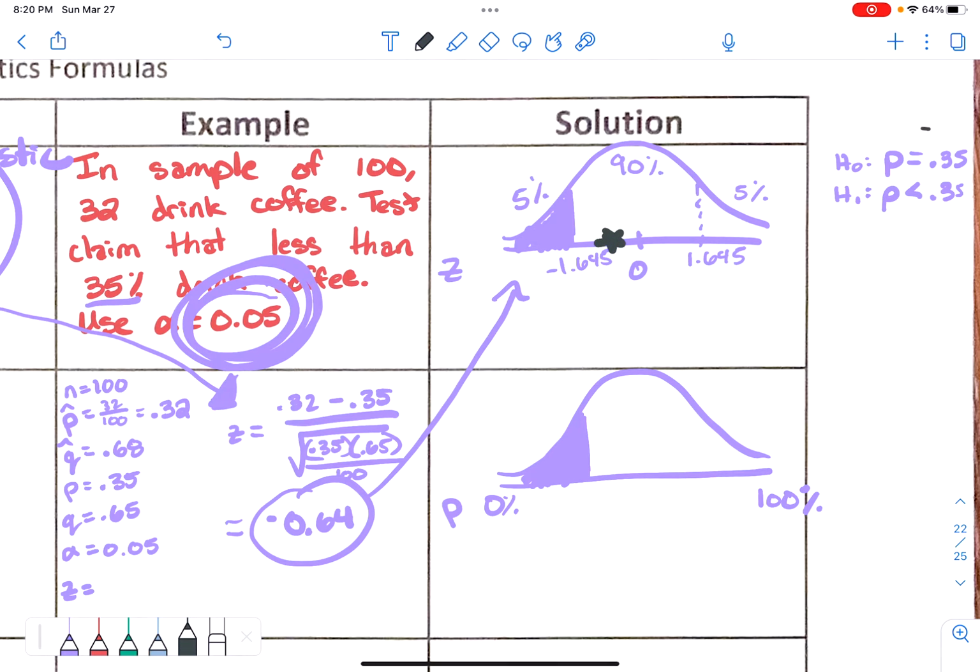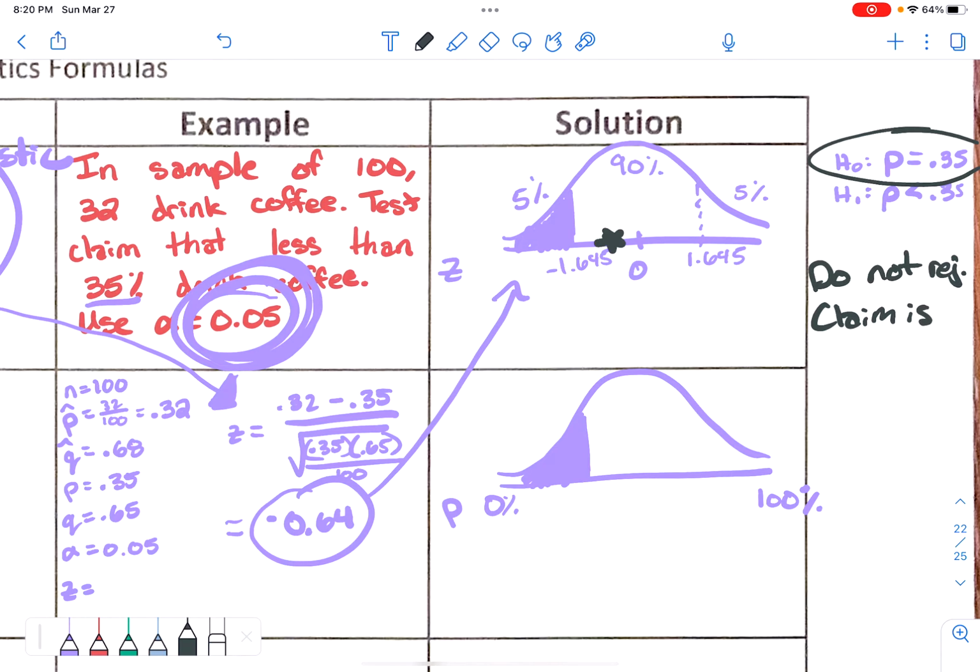So that is in the do not reject range. Do not reject, which means our claim is false because our claim was going with the bottom one. So even though 32% drink coffee, that is not significantly less than 35% to say that it's less than. So we're going to say that 32% is close enough to 35% to say that they're equal. Okay, so claim is false.